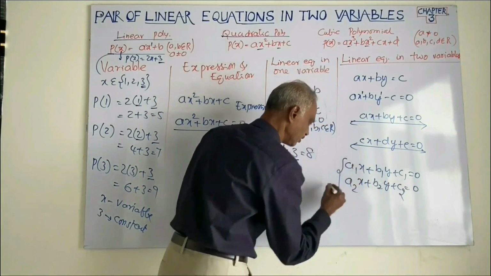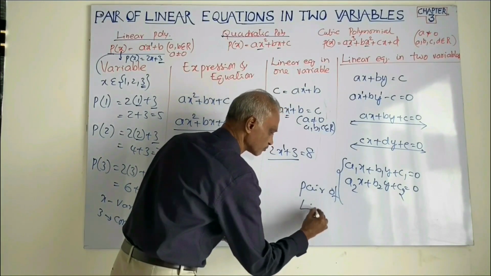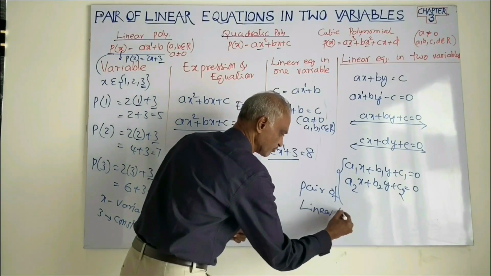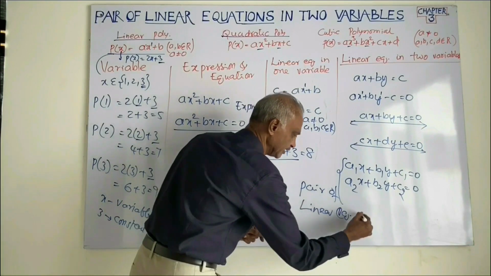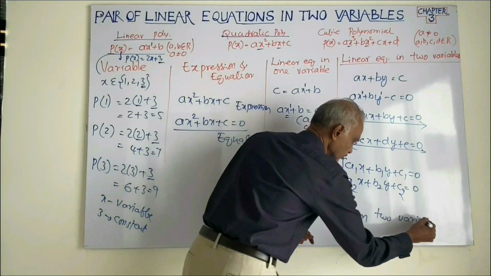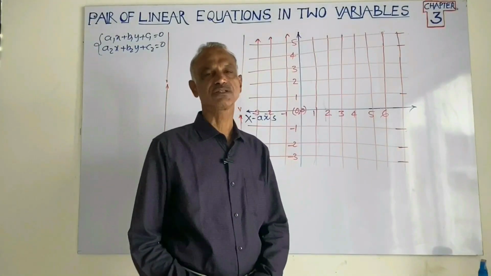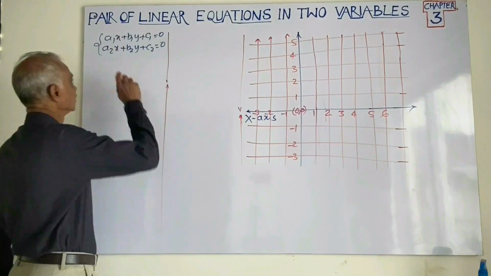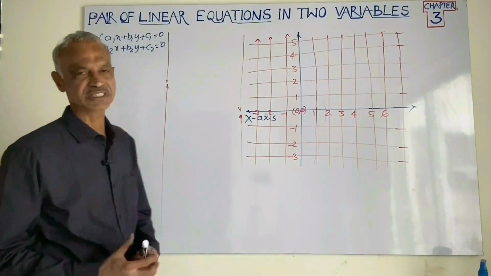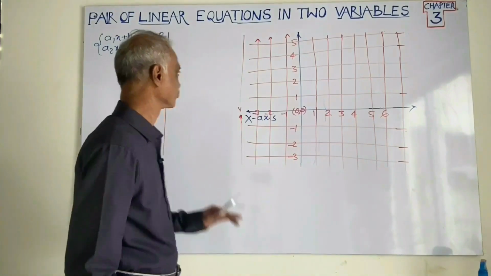This is pair of linear equations in two variables. Now pair of linear equations in two variables. See, a1x plus b1y plus c1 is equal to 0, a2x plus b2y plus c2 is equal to 0.